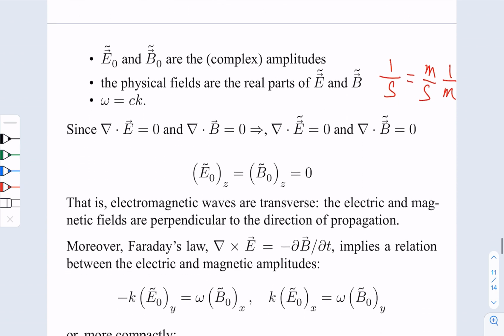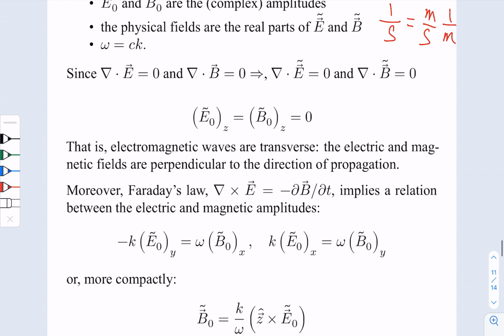We also have an additional requirement, that is Faraday's law. So del cross E must be related to minus partial B partial t. So the amplitude of this E wave and the amplitude of the B wave must be related to each other.